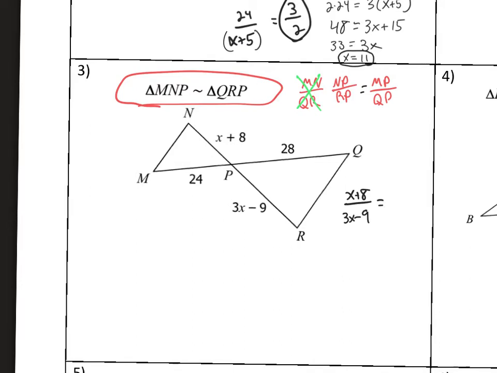And that equals MP, which is 24, over QP, which is 28. And 24 over 28 reduces to 6/7 if you divide the top and bottom by 4. We'll make those numbers as small as possible because we're going to have a lot of distribution to do here.